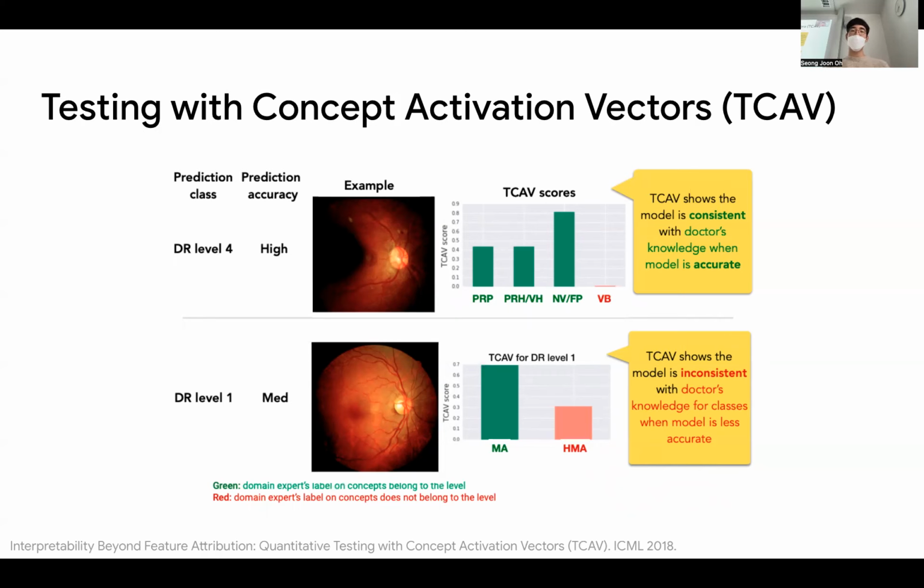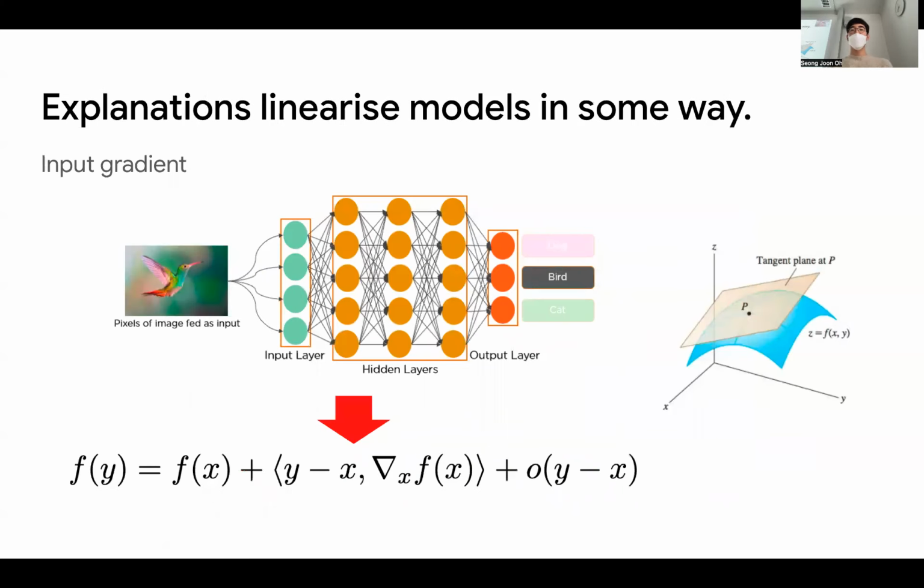So with this kind of technology, we can better streamline the interaction between humans and computers for making predictions. So that was a quick introduction to TCAV, and let's look back on the methods a bit.